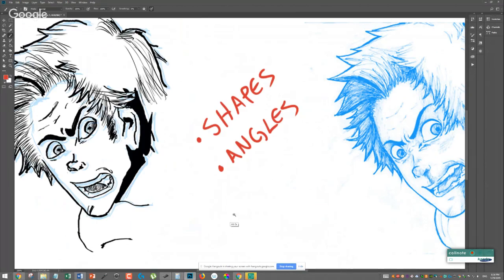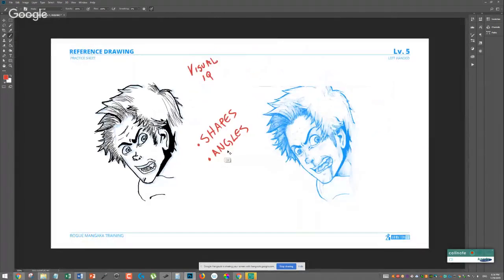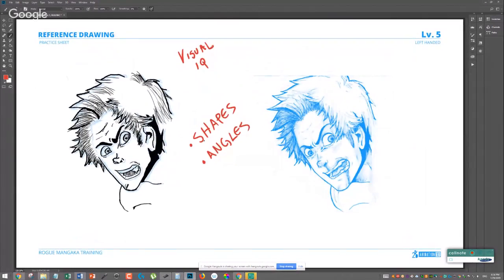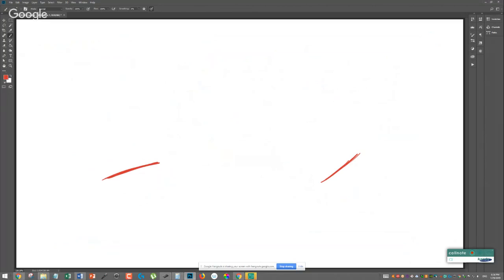For example, in theory, you should have got the same inclination of the mouth. Look, this is the inclination of the mouth in the reference, and this is the inclination of your mouth. If I disable the other layer, you can see the difference in the angle, right? Can you see?